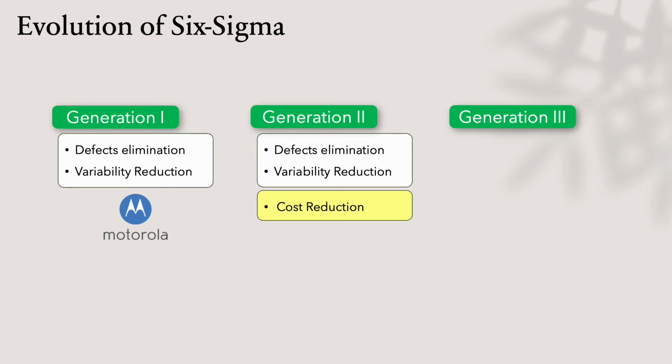So in addition to defect elimination and variability reduction, they also focused on ways to reduce the cost of production, to gain more benefits and revenue for their company. The leader in the implementation of generation 2 of Six Sigma was General Electric.